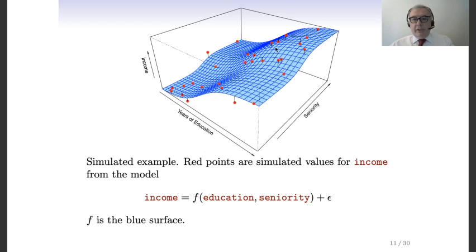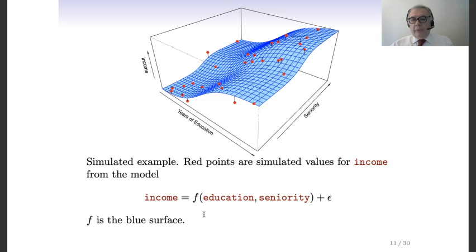Here we have a simulated data set. The idea is that the income of individuals depends on years of education and seniority, and therefore the data were simulated assuming some dependence that is given by the surface, and the surface is the true regression function, the true regression surface, and then random error was added in such a way that the data are not perfectly on the surface.